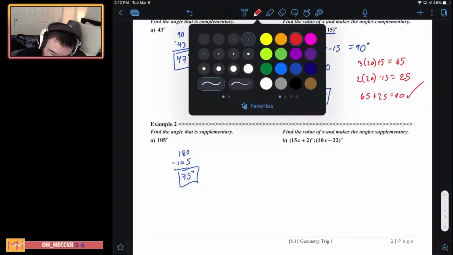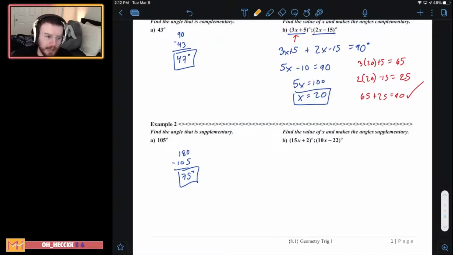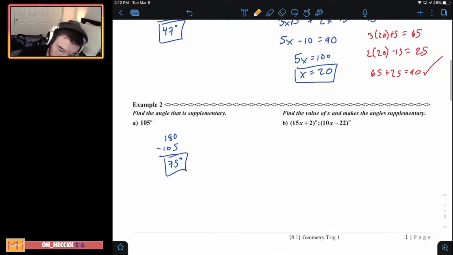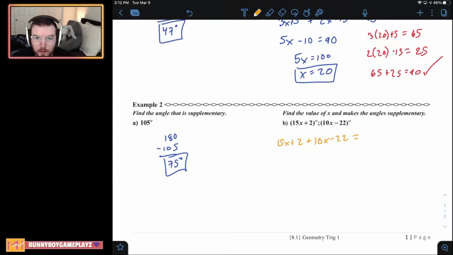Find the value of x that makes the angles supplementary. We're using the exact same strategy here. The two angles add together, because that's what you do for complementary and supplementary. They add to, this time around, 180 for supplementary. 25x plus 2 minus 22 is negative 20 equals 180.